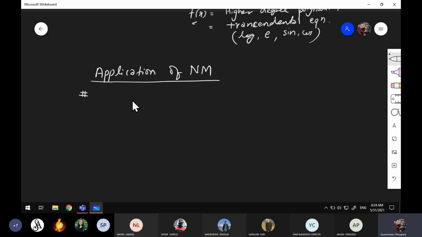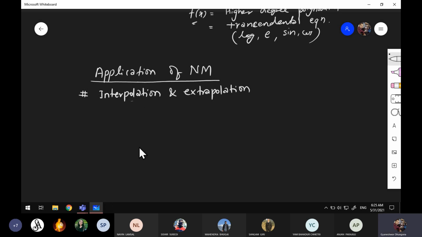Some of the popular problem domains where we can apply the numerical method, and that we will study in this course, involve interpolation and extrapolation problems. Interpolation and extrapolation problems can be solved by using the numerical method.